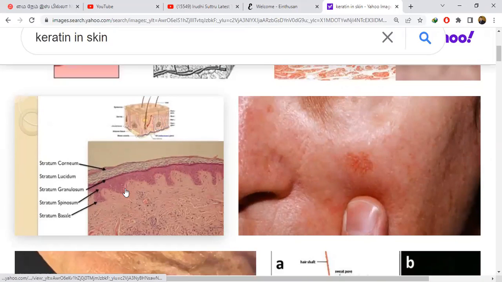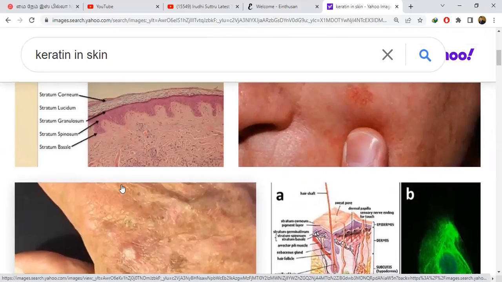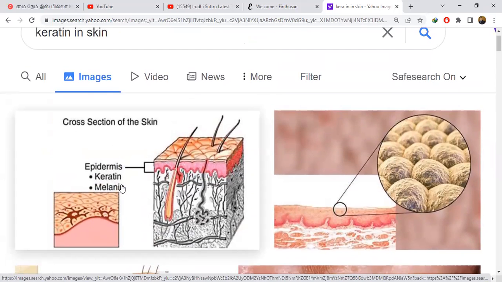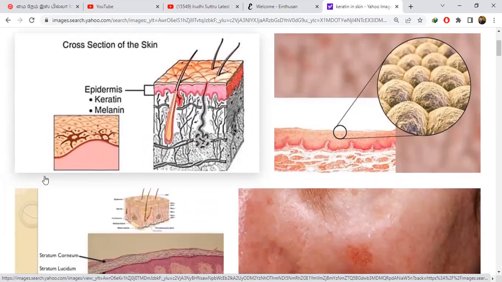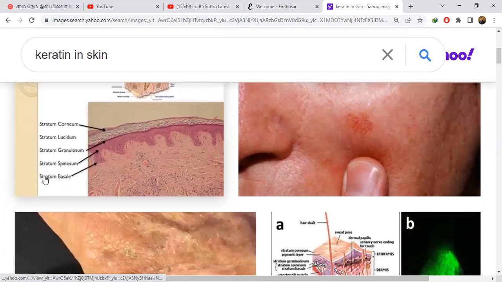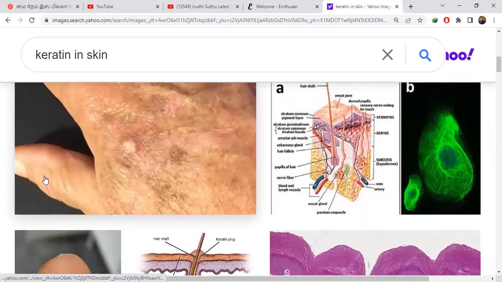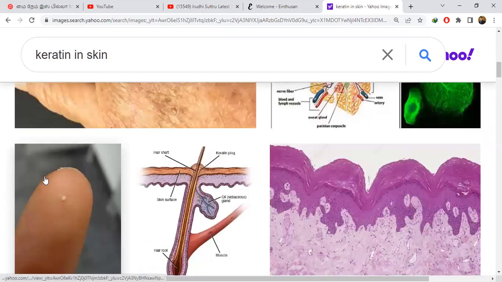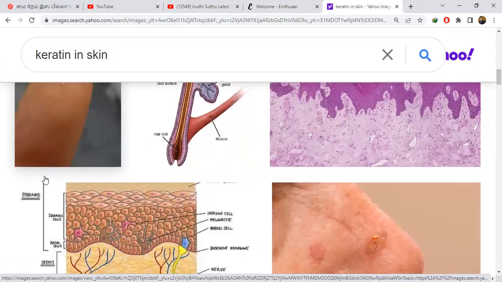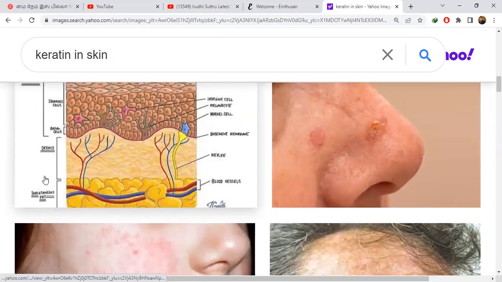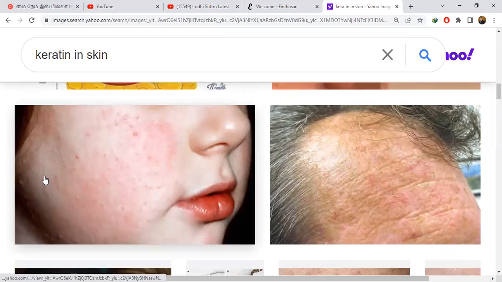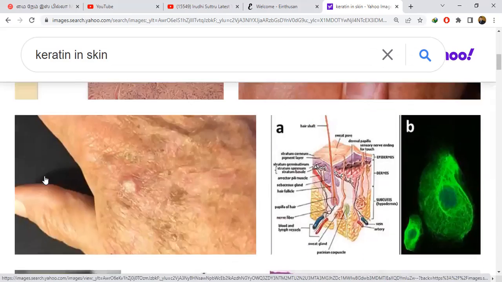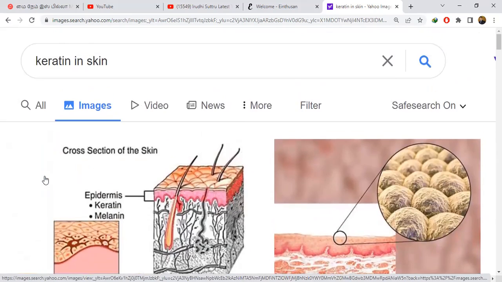Because we have keratin, microorganisms cannot easily enter our skin. Further, water loss from the skin will be very low. What is the importance of keratin in our skin? Minimizing water loss.